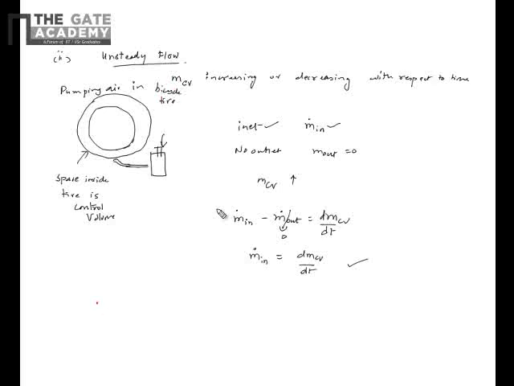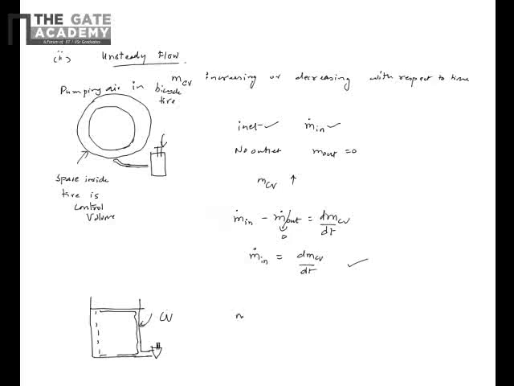Okay, the other example, let's say you're drawing out some water from the tank which is already filled. So water level is this. So this is my control volume. Okay, so if I draw out water, in this case basically the mass of the control volume is decreasing.